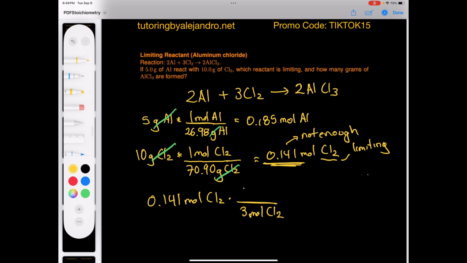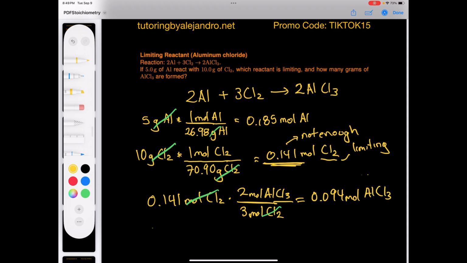And produce 2 moles of AlCl3, okay? And then we have, let's see, 0.141 times 2/3, right? These cancel out. That gives me 0.094 moles of AlCl3, okay?